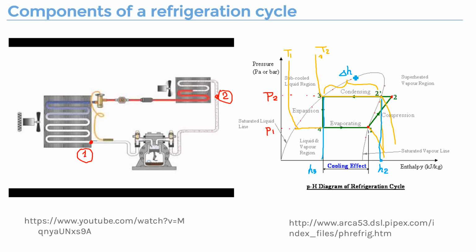So the question is, from the delta H, can you know the Q dot, the heat transfer rate? How to do that? You find the enthalpy in kilojoules per kilogram. So that's the energy content of a system.